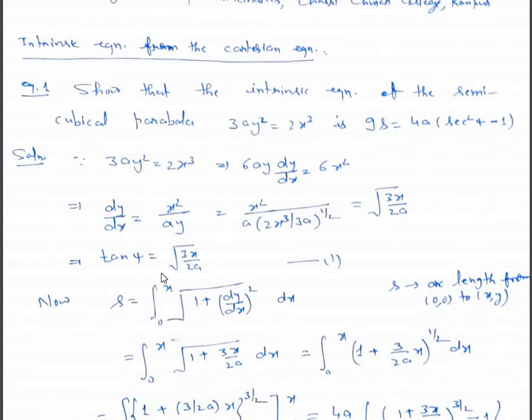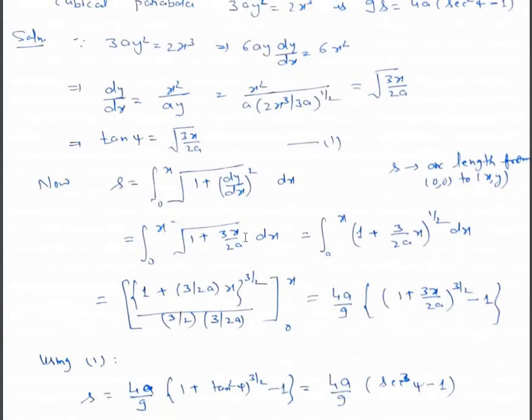Now s is given by the integral from 0 to x of under root of 1 plus (dy by dx) whole square dx, because (0, 0) is a point of this semi-cubical parabola and (x, y) is the variable point, so the x coordinate is x. So this is equal to the integral from 0 to x of under root of 1 plus, now (dy upon dx) whole square is 3x upon 2a, dx, which can be written as the integral from 0 to x of (1 plus 3 upon 2a into x) raised to the power half dx.